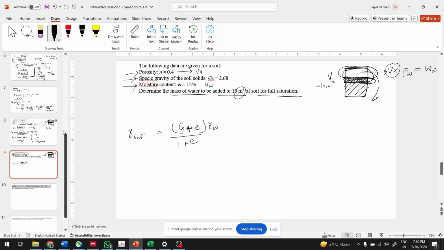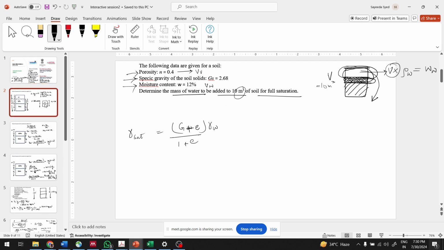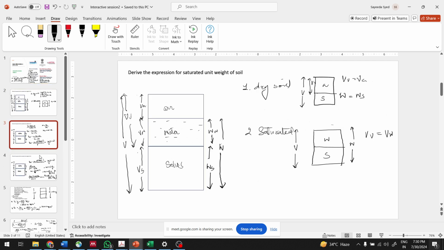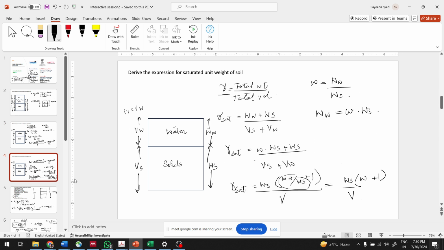So the first question that we did actually, this is not incorrect, but it is incomplete.